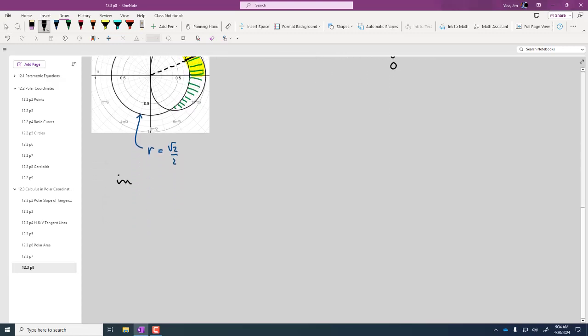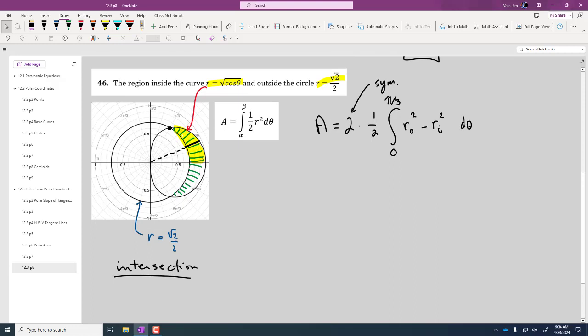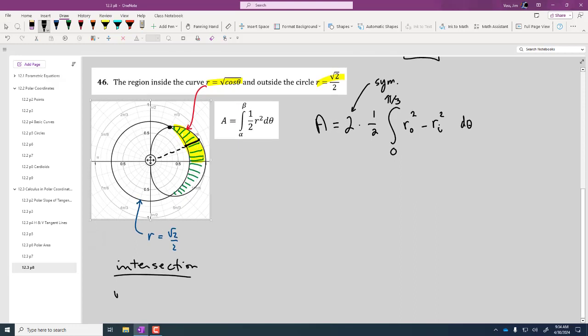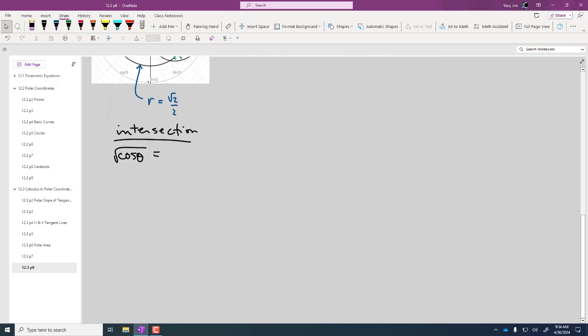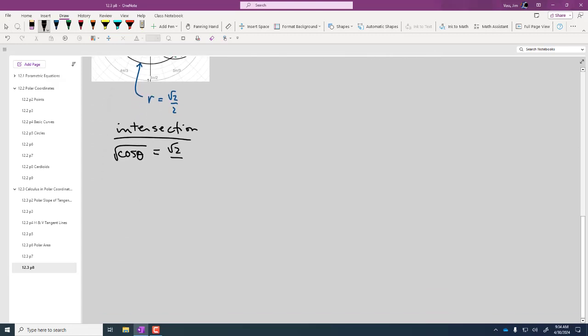So if we want to look at the intersection, we're going to set root cosine equal to square root of 2 over 2. So this will tell us the theta values that they share. We'll square both sides. So cosine of theta will be 1/2.